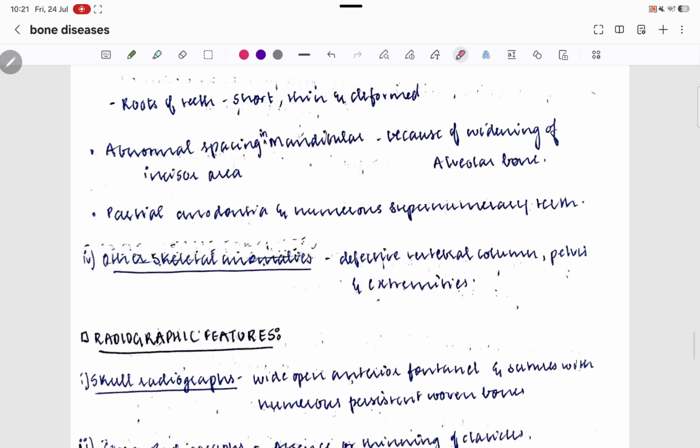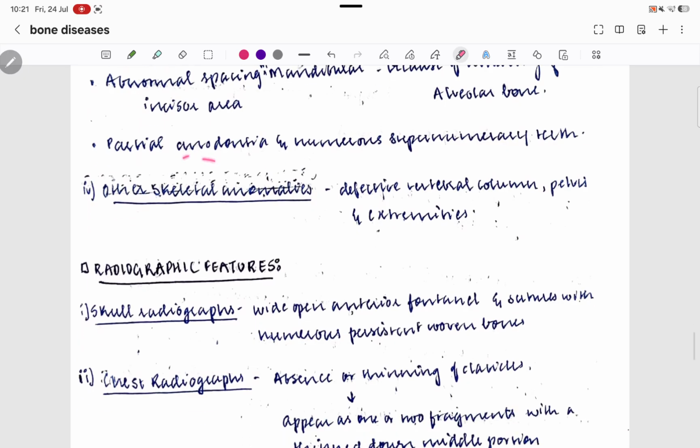Then abnormal spacing in the mandibular incisor area, because of the widening of the alveolar bone. Partial anodontia is seen, that is, a few or more missing teeth, and sometimes supernumerary teeth are also seen.